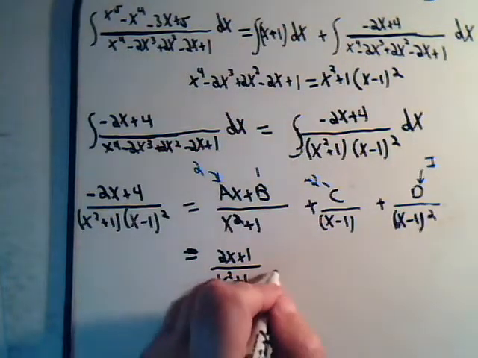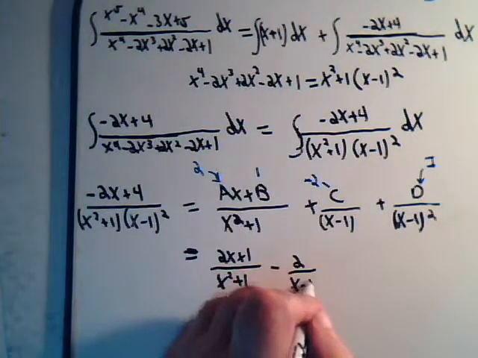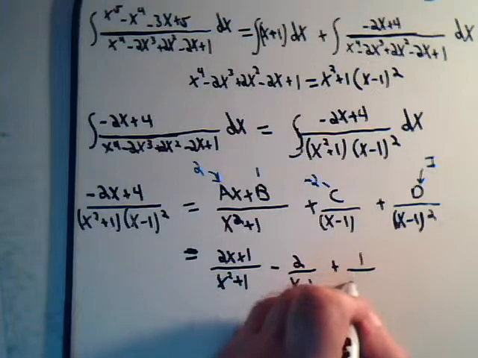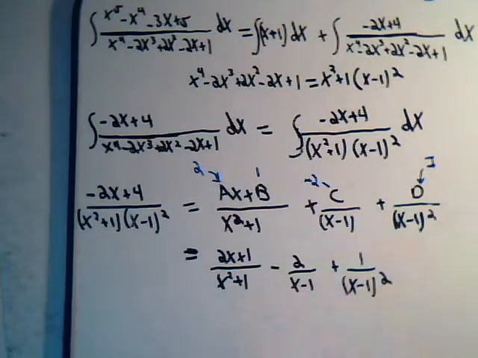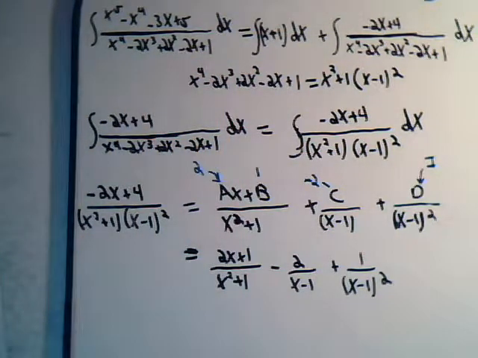And we'll have minus 2 over x minus 1 plus 1 over x minus 1 squared. So we seem to be chiseling away to get this into a form that we can solve.